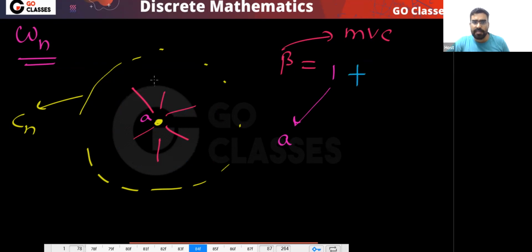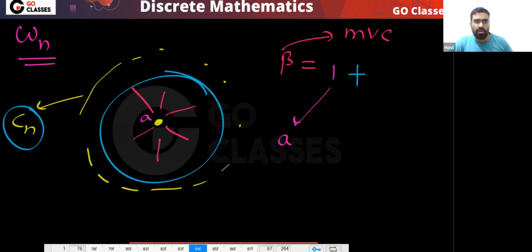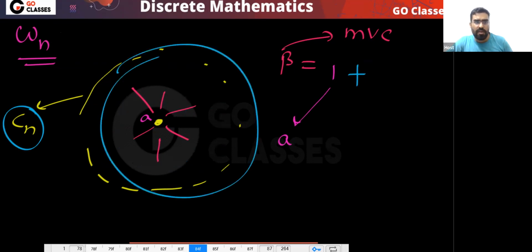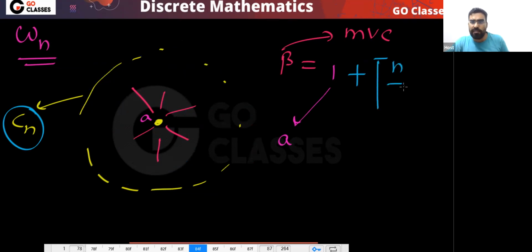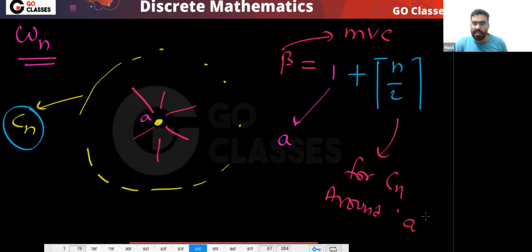Okay, next, plus, now this Cn, you have a Cn around you. Now these edges are gone. All these edges we have covered. But what about these edges? So for them, you need n by 2 ceil, right? This is for Cn, the Cn around vertex A. Is this clear?